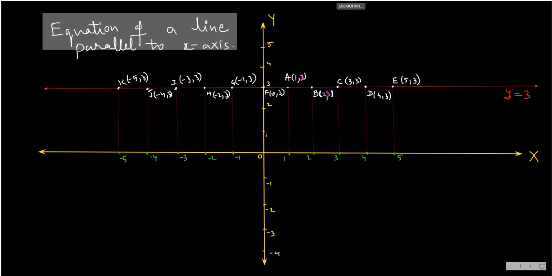In the same way, students, suppose you have a line which is this. For this line, what will be the equation? The equation of this line will be y equals 2, because all the points will have y coordinate 2.